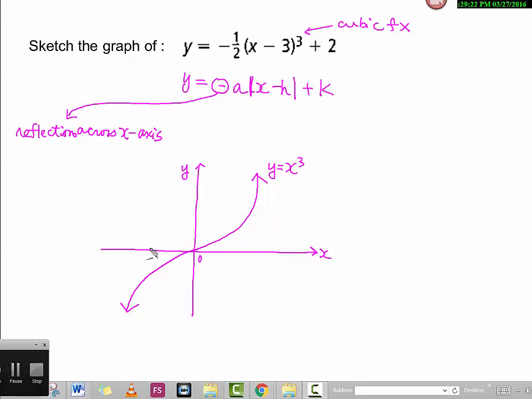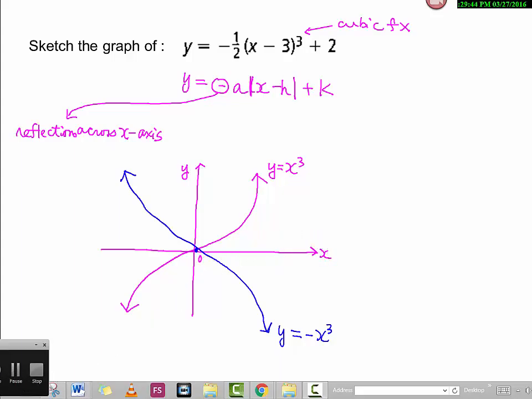So the reflection across the x-axis on the left part is going to be like this, and the right part is going to be like this. So here we got y equal to negative x cubed. This is a reflection across the x-axis.